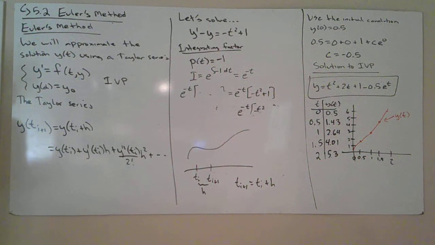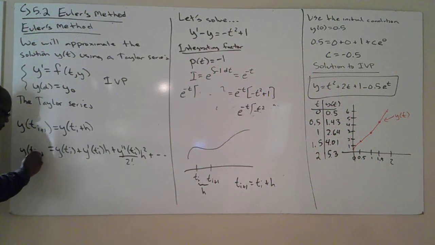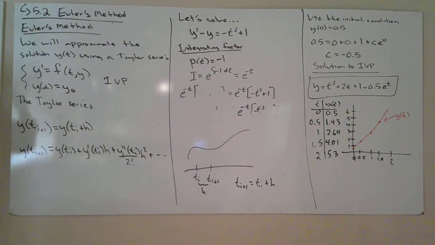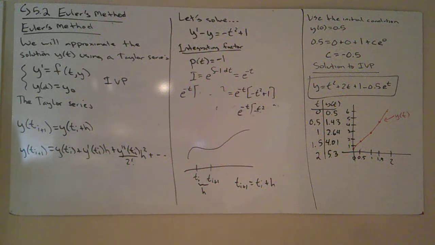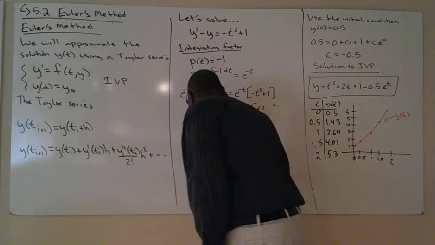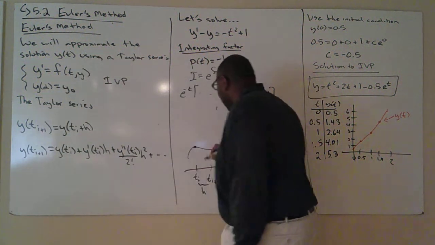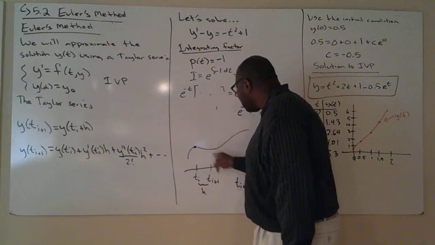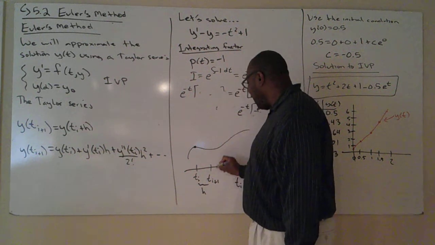And what we're going to do is say, okay, we have y of t sub i plus 1 equal to all of this, right? If I wanted to, I could expand this further. But I'm just going to take the first two terms to approximate my solution at y of t sub i plus 1. So suppose I know y of t sub i, I know what that value is, and I want to approximate the next value at t sub i plus 1.